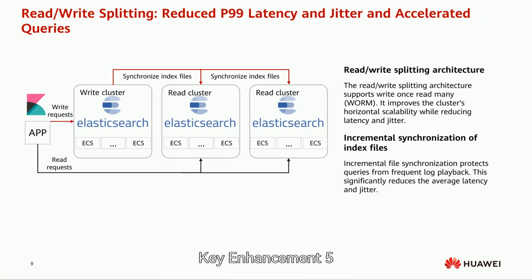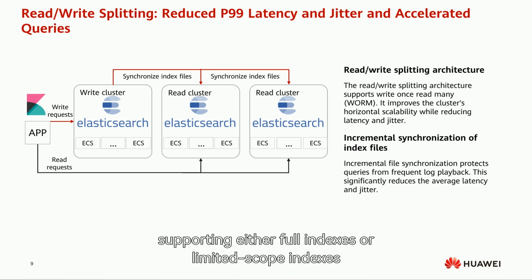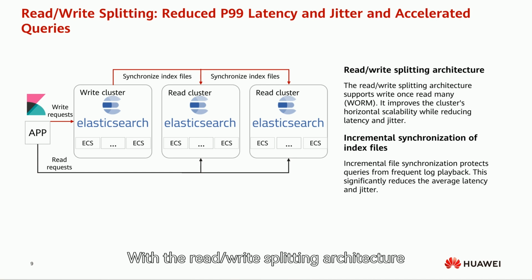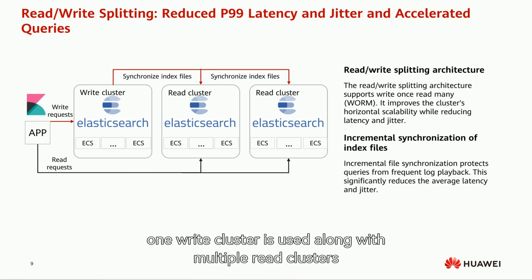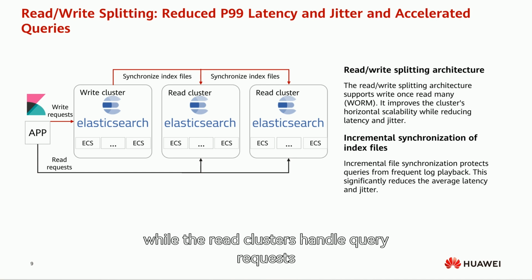Key Enhancement 5. Read-write splitting. A real-time synchronization link is established between clusters, supporting either full indexes or limited scope indexes. With the read-write splitting architecture, one write cluster is used along with multiple read clusters. The write cluster handles write requests, while the read clusters handle query requests.